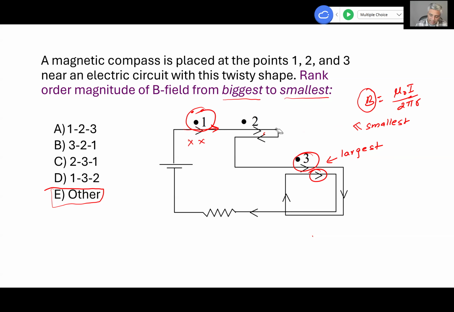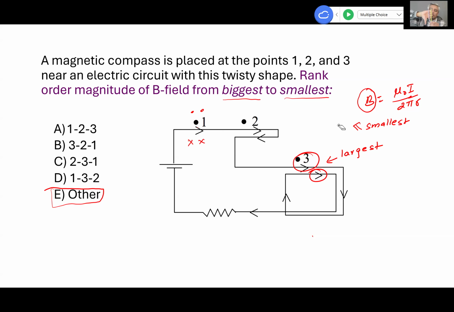1 and 2 do not cancel. Only 2 cancels. At this point, the current is going this way versus that way. Current going in opposite directions means, let's say one current is going up, so its magnetic field is circulating this way.